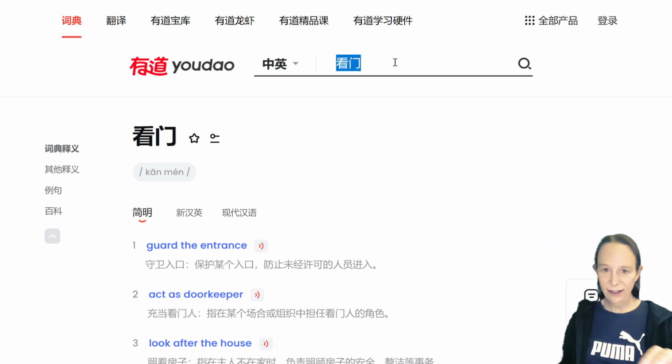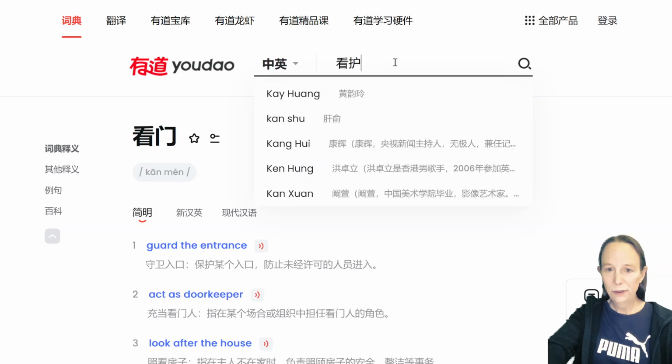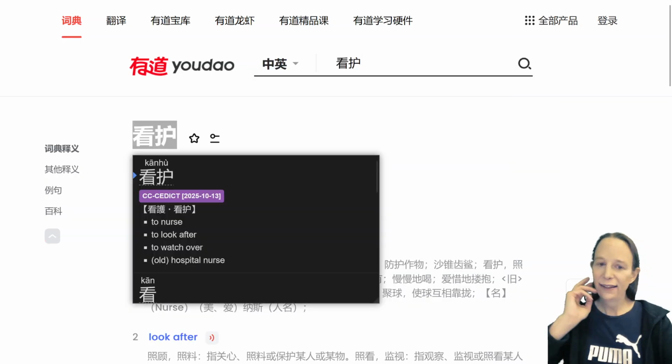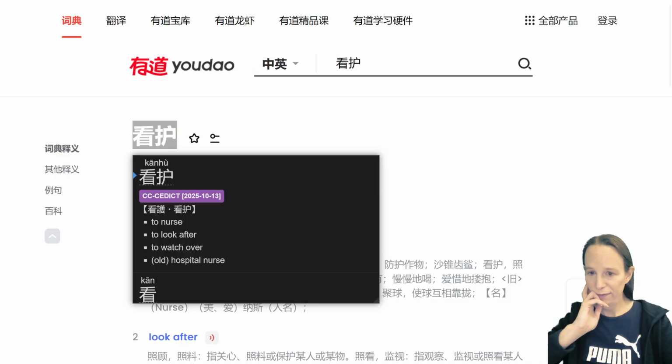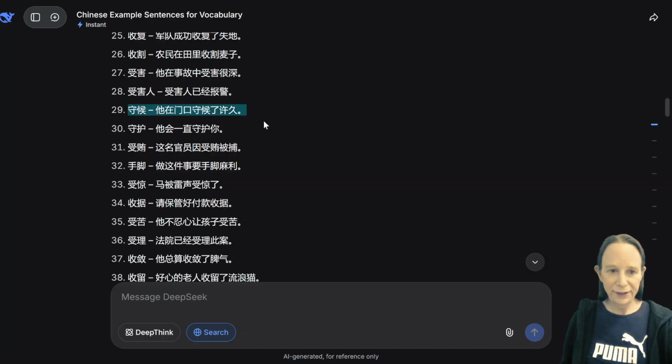All right, so the mother was by the side of the infant, 守候ing, like just 看护, like looking after the kid, looking after the infant. All right, let us continue.